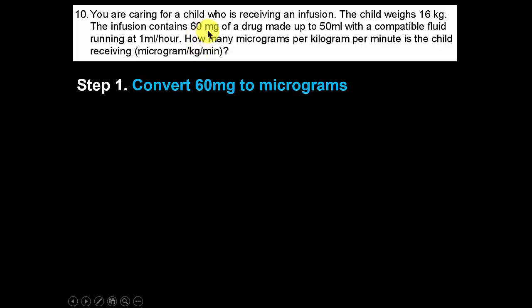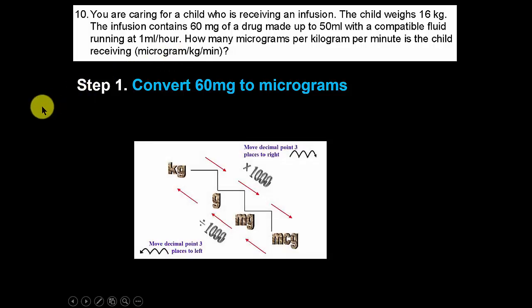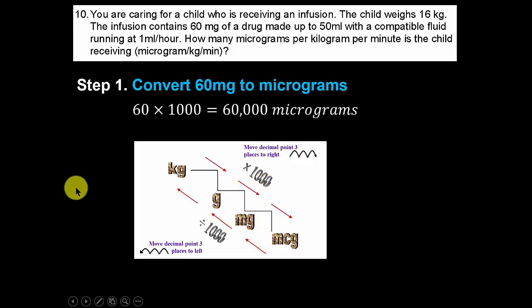Let's convert that milligrams into micrograms so that that first part of the final unit is taken care of. Now, milligrams to micrograms, I've got to go back and think about my little staircase. Well, milligrams to micrograms, I'm going downstairs, so I multiply by 1,000. 60 times 1,000 is 60,000 micrograms. Okay, so far so good.